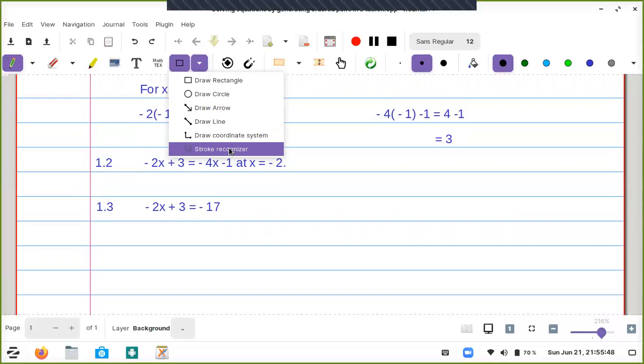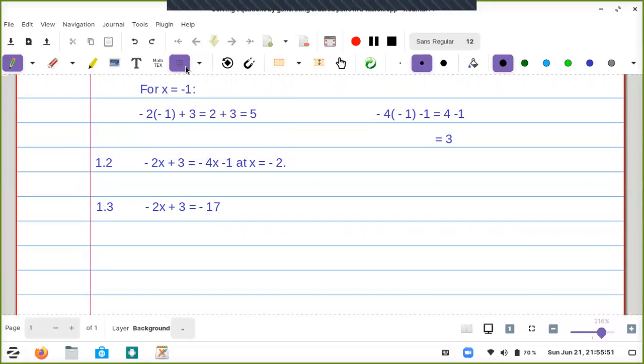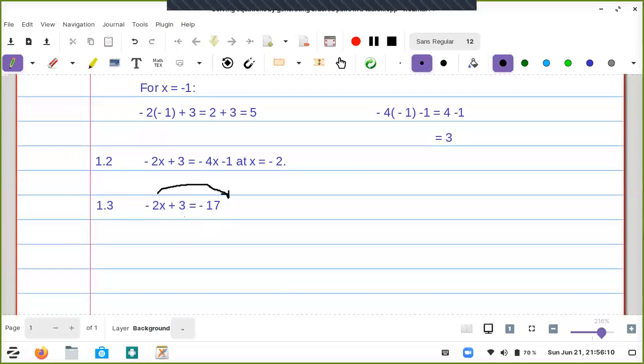Let's see if I can do that. Yeah, thank you. Then I transpose the -2 to go over that side, right? Then the -17, I'll transpose it to the left hand side.